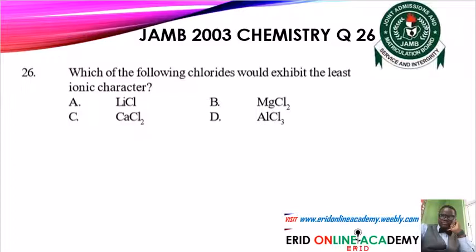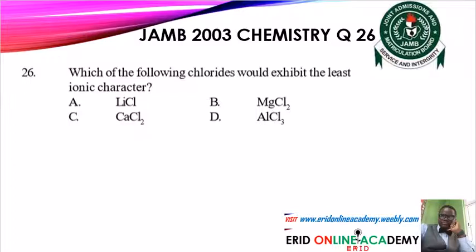So, you need to cast your mind back to types of substances: ionic substances, covalent substances, and substances of intermediate character. You have your macromolecules, and you also need to remember the characteristics of each of these substances. Very, very important.